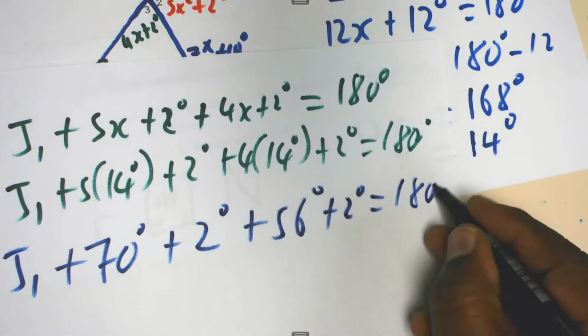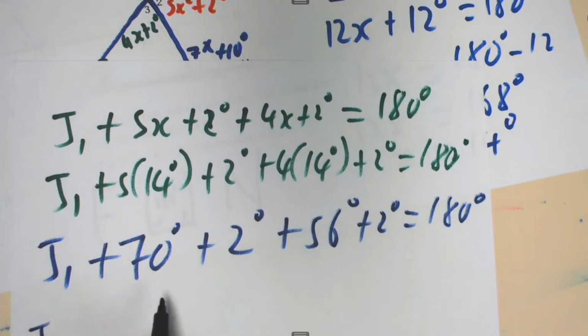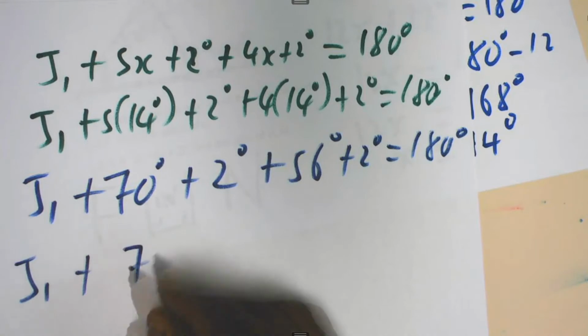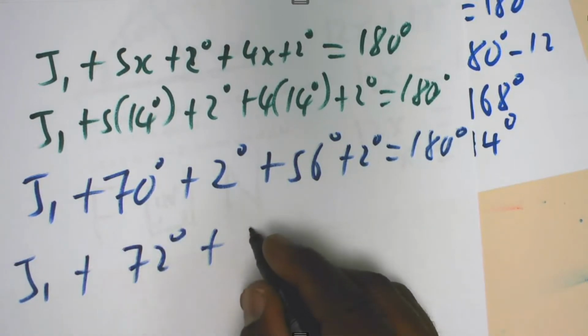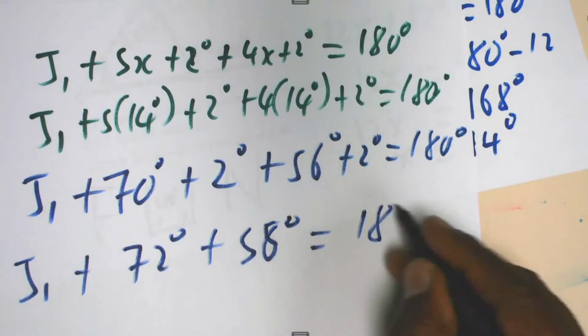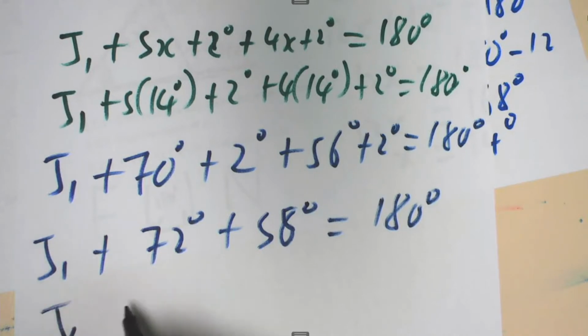You apply your maths now. You have written the mathematical expressions, and now you apply your math skills. 70 plus 2 is 72, 56 plus 2 is 58. Just for you, this is your calculator. I'm not a magician. I'm just making sure that you don't always run to your calculator.